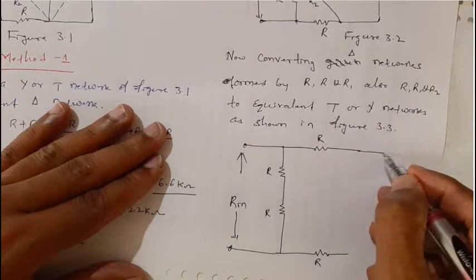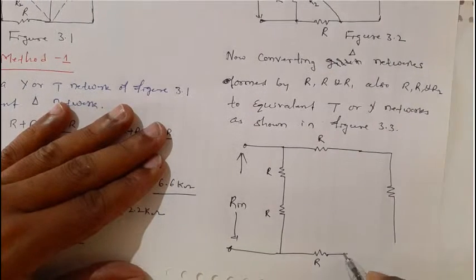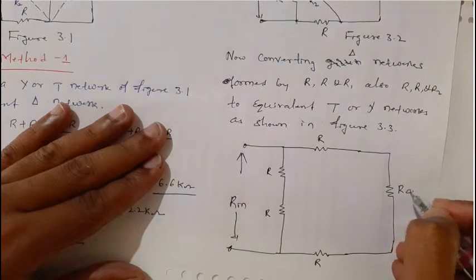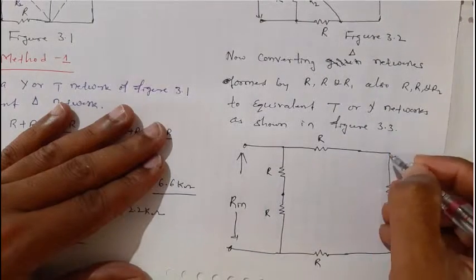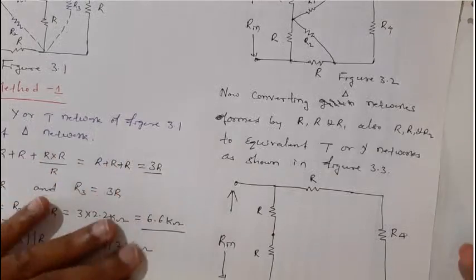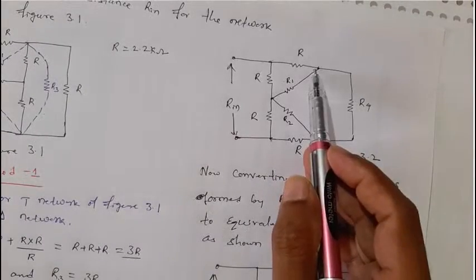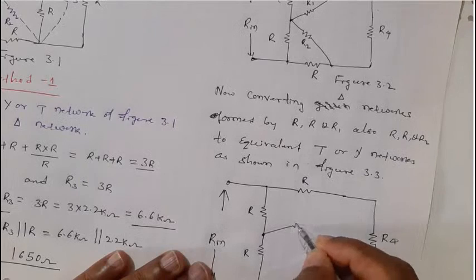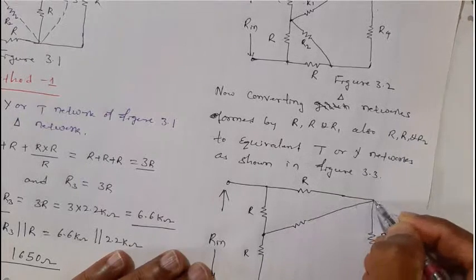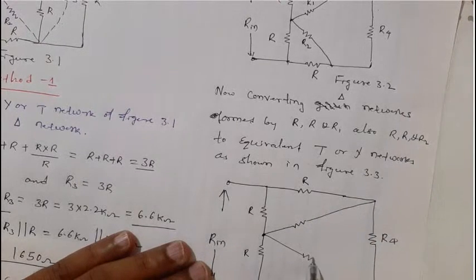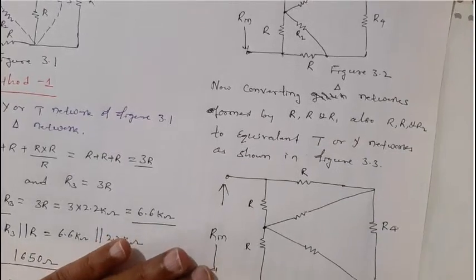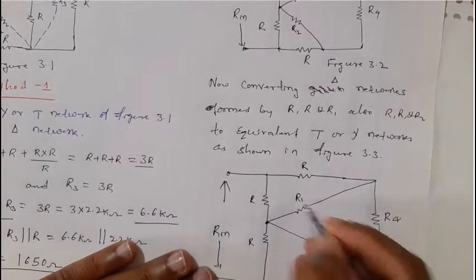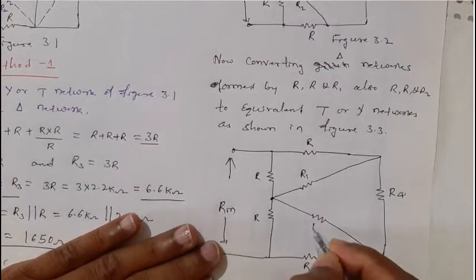And here we have R4, and what I do, this and this, even I can directly connect here. So whatever the resistance has been connected, even I can connect here also, right? Here one and another one is like this, right? This is R1 and this one is R2.